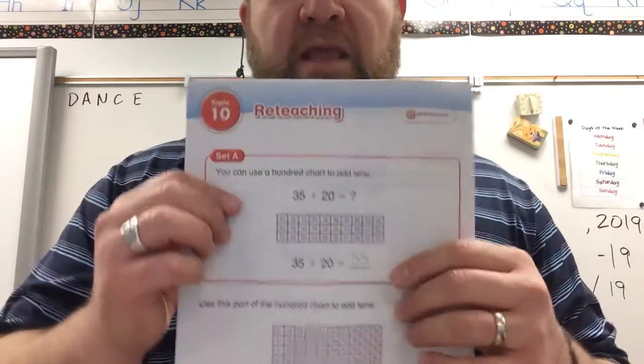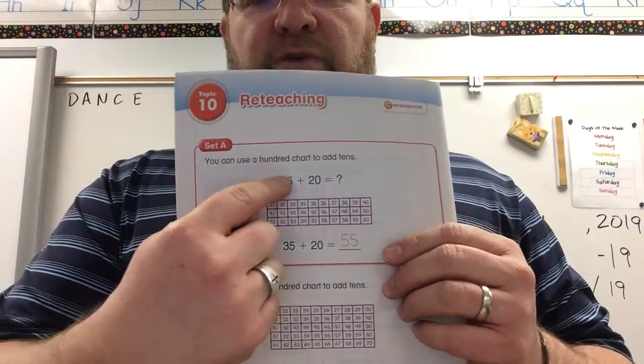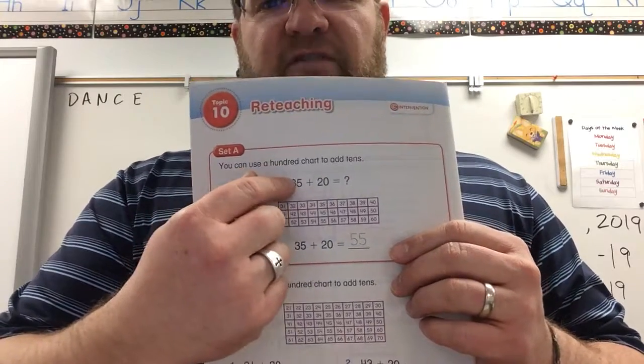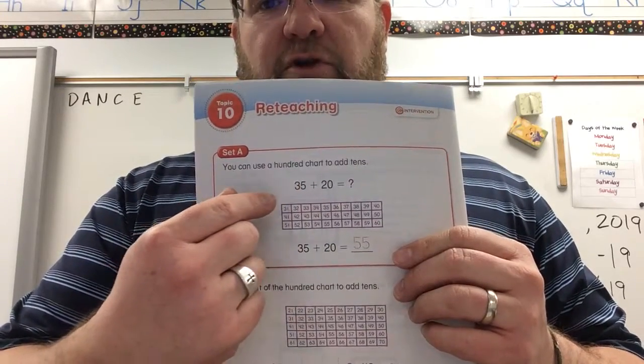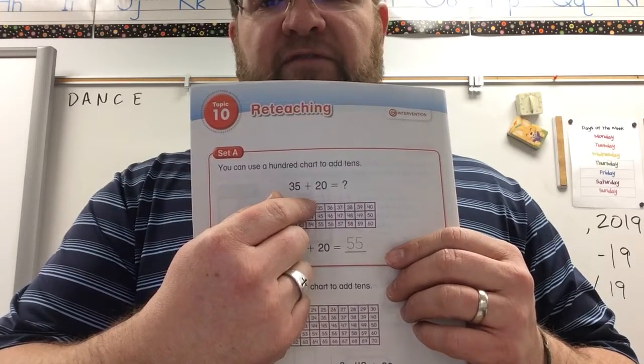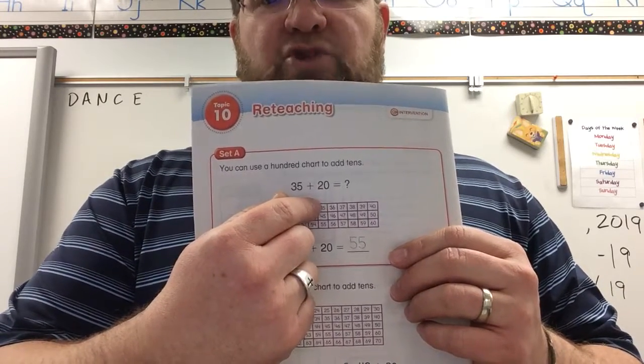Got that? Good. Now, what we're going to do is we can use our hundreds chart to help us add, okay? So we're going to find 35 on the hundreds chart right there. And then when you found 35, in order to add 20, 20 is how many tens?